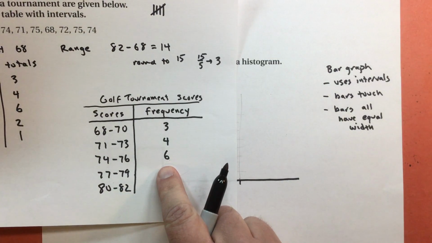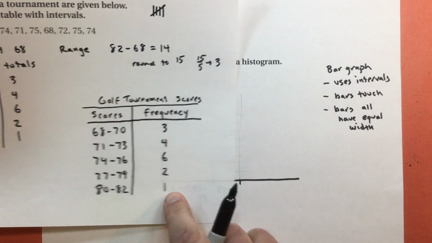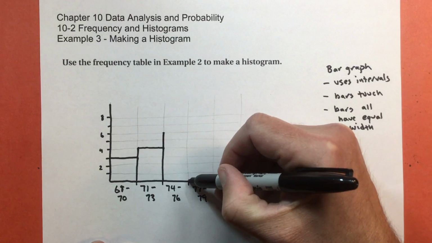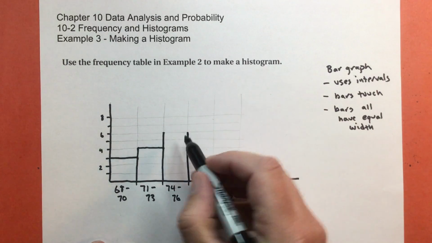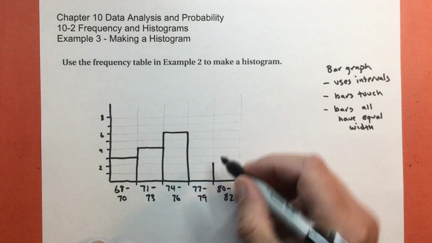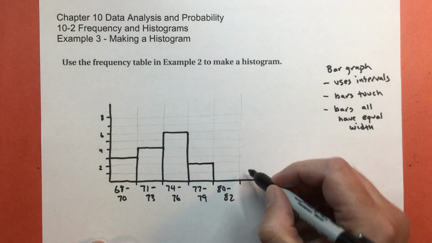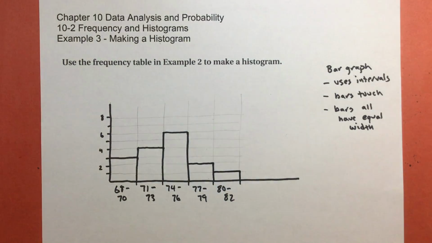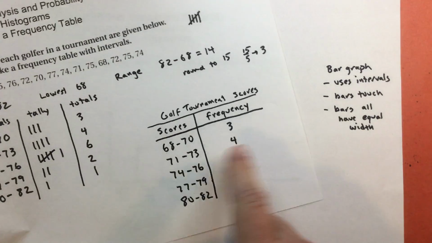Then I go up to 6, then 2, then 1. So this one will go up to 6. This will go up to 2 and 1. And that's a histogram.